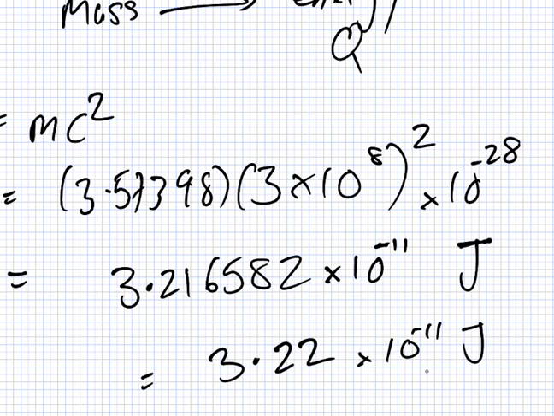Now, I know this seems like a very small number, but this is actually quite large because this happens for each neutron that hits the uranium and turns it into barium and krypton. Remember, the neutron hits the uranium and splits it into barium, krypton, and then 3 neutrons.